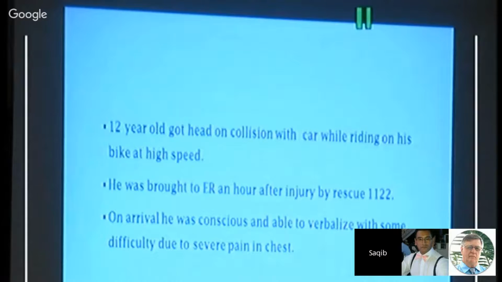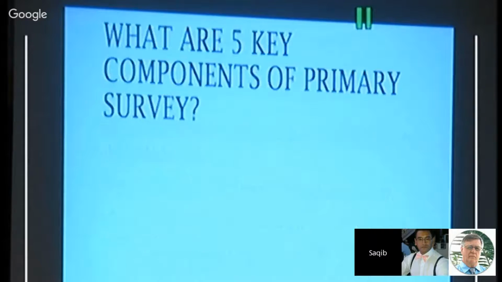A 12-year-old had a head-on collision with a car while riding on his bike at high speed. He is brought to the ER an hour after injury by Rescue 1122. On arrival, he was conscious and able to verbalize with some difficulty due to severe pain in the chest. What are the 5 key components of the primary survey?